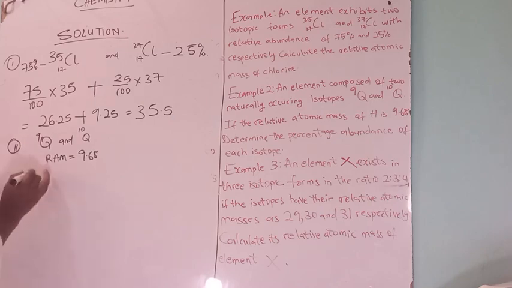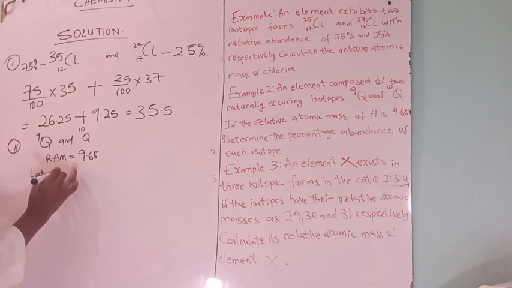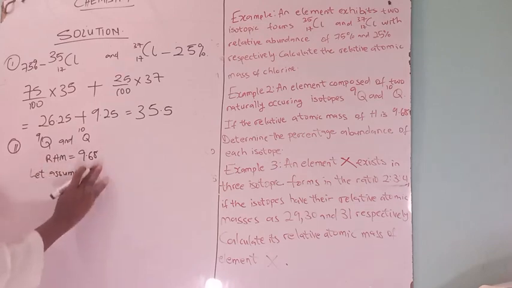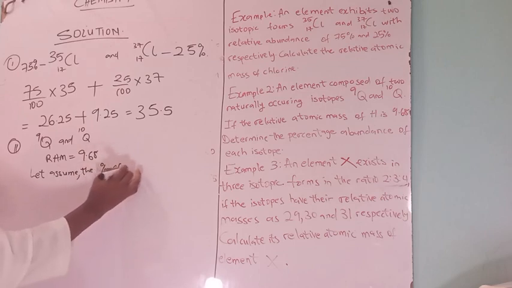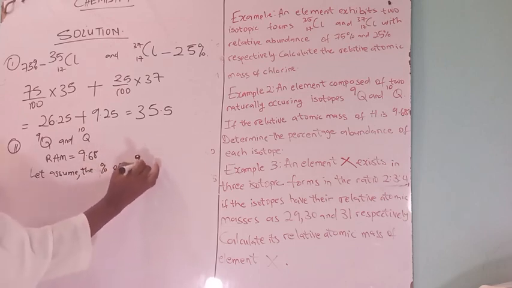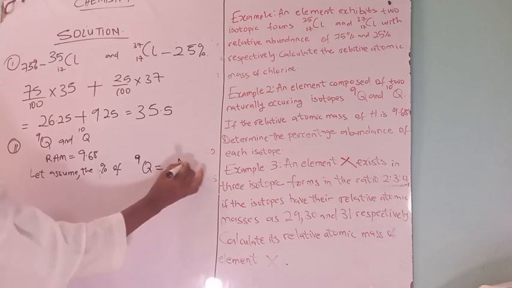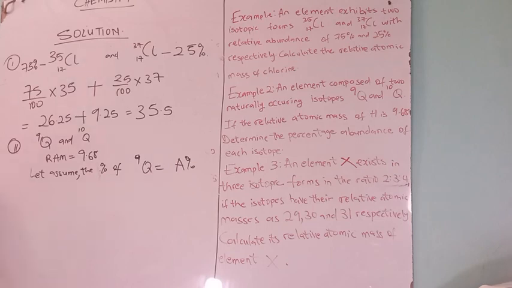Let's assume the percentage abundance of 9Q equals A%. And you know that the sum of the relative abundances is 100%, isn't it?